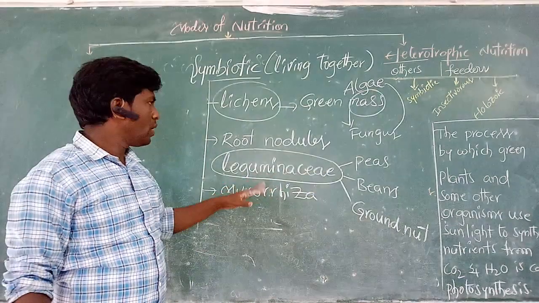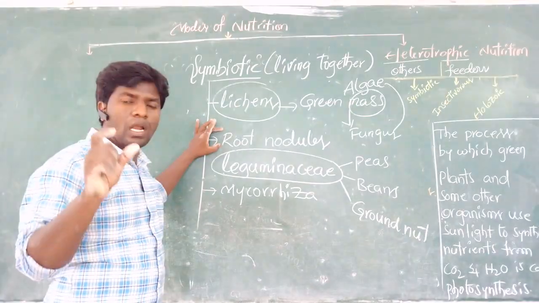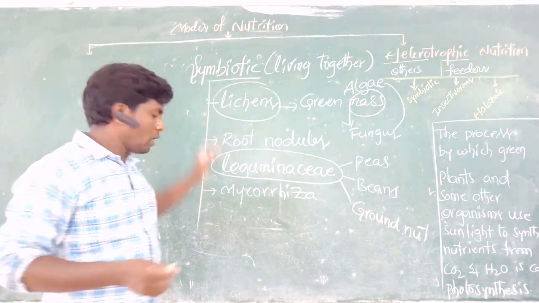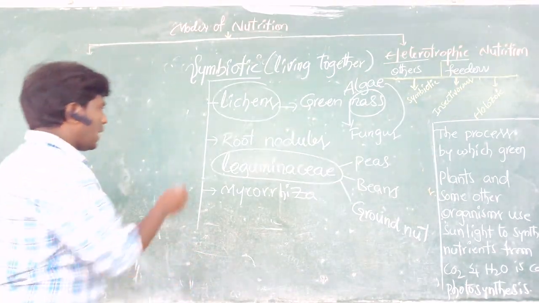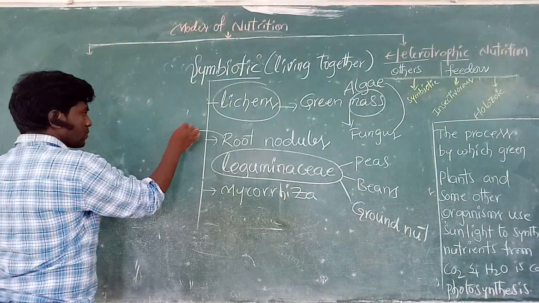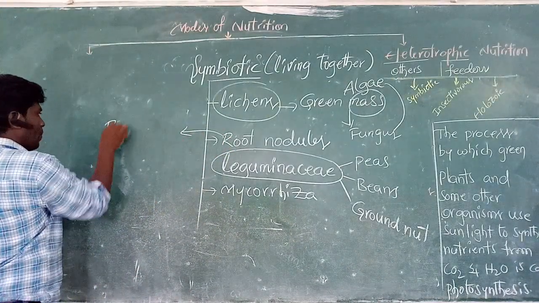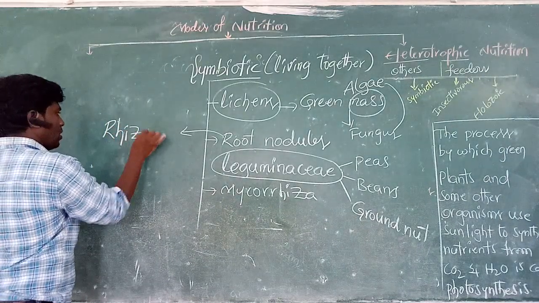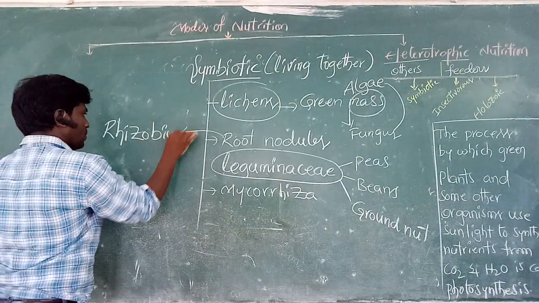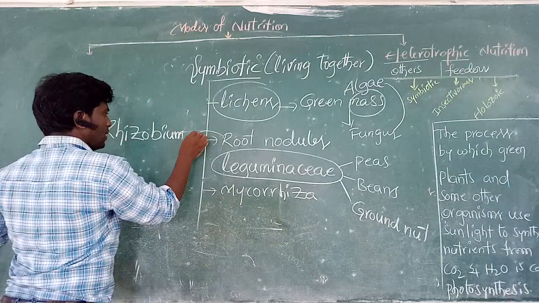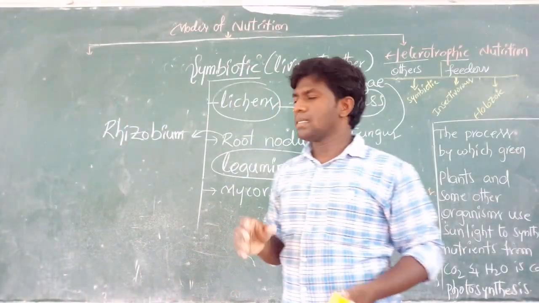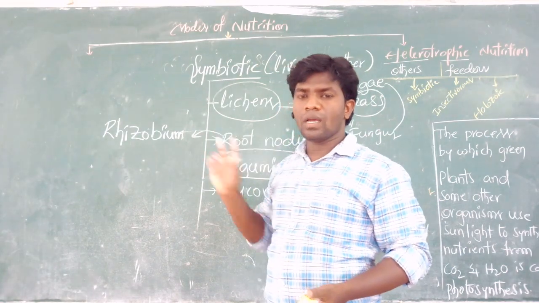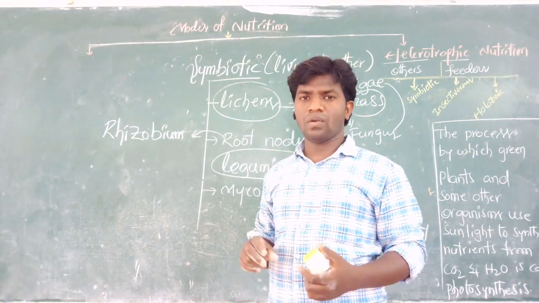Here, on the groundnut root nodules, bacteria will grow. The bacteria's name is Rhizobium. So the Rhizobium bacteria is growing on the root nodules of the groundnut.